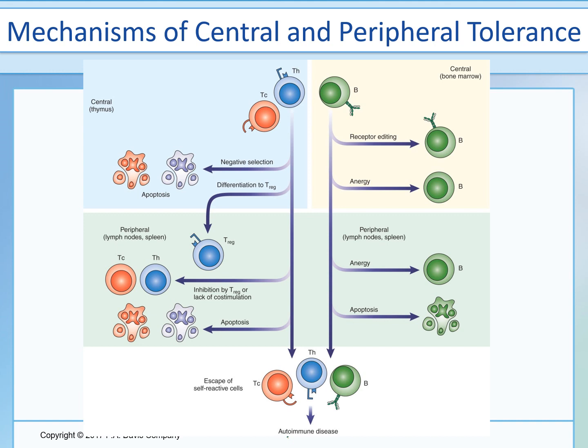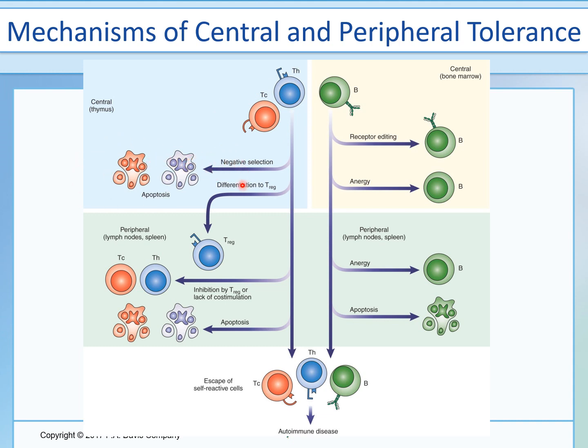So this figure is depicting mechanisms of both central and peripheral tolerance. So central tolerance, depicted in this figure in the top left and right, occurs in the thymus and the bone marrow. And this is where the T and B lymphocytes begin to mature. If T cells possess T cell receptors that bind to self-antigen in the thymus, on the left side of this, they're deleted by apoptosis.